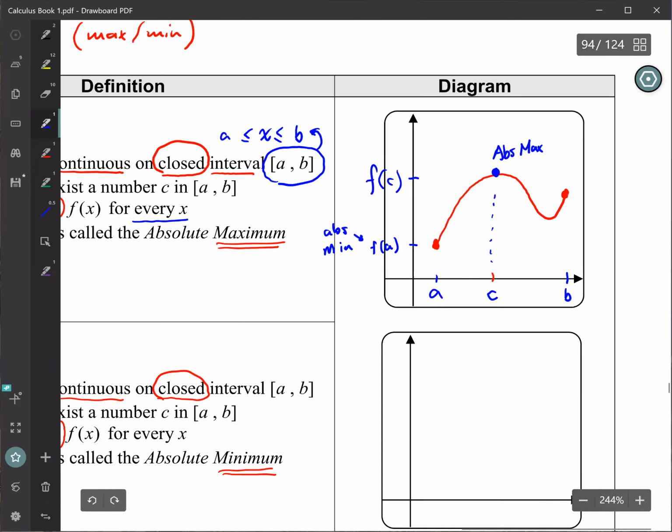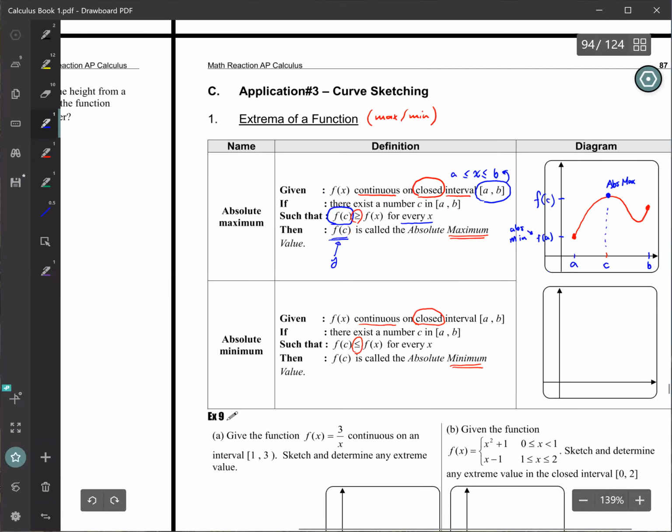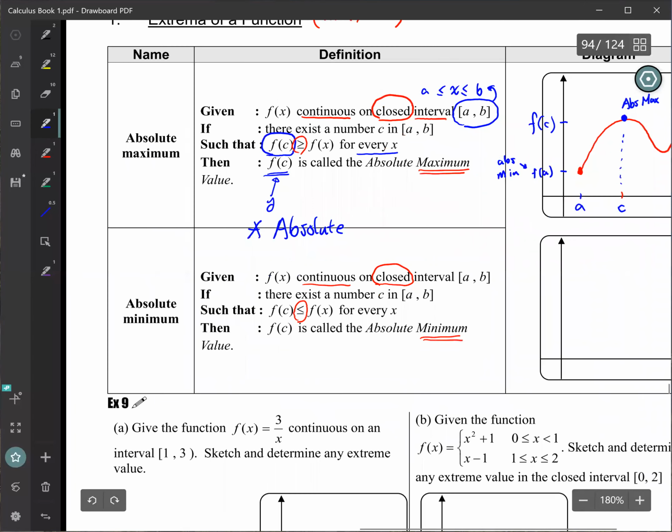Okay, and so it could happen at the endpoints. So you can write it at the bottom or in the middle, okay? Absolute extrema could be at endpoint.